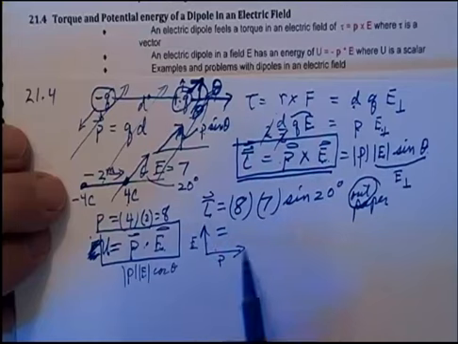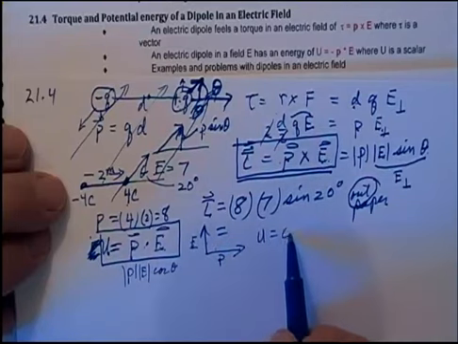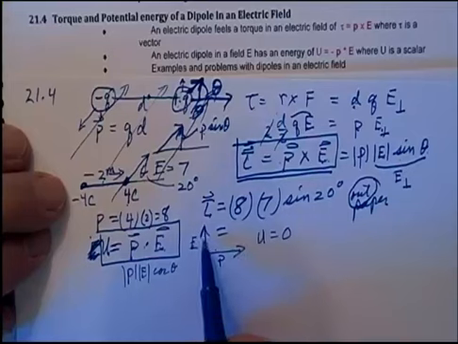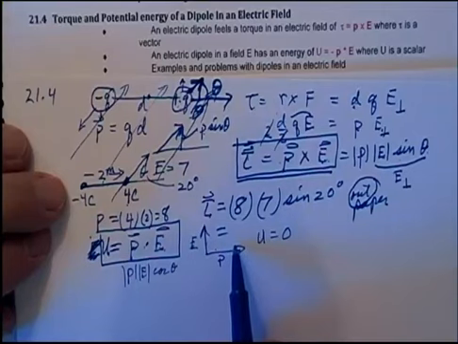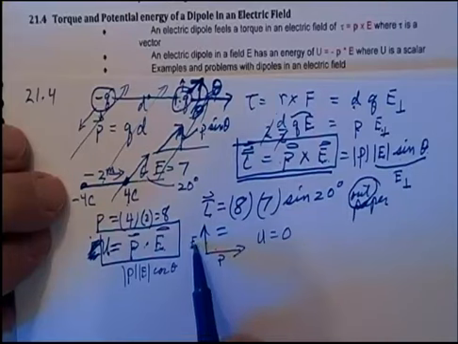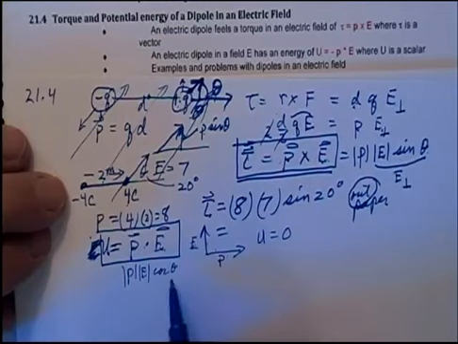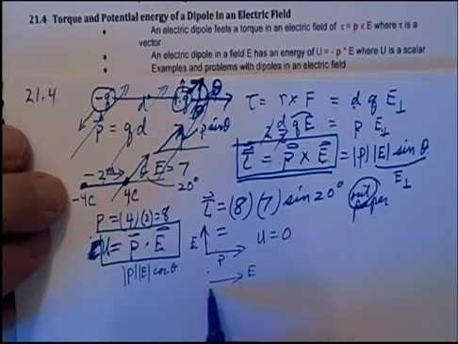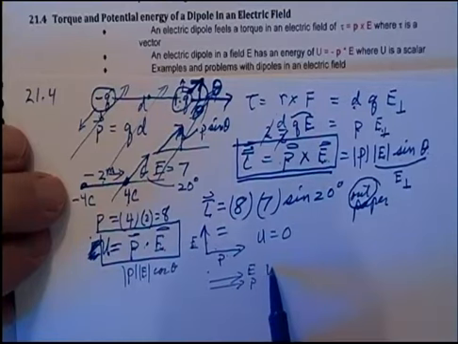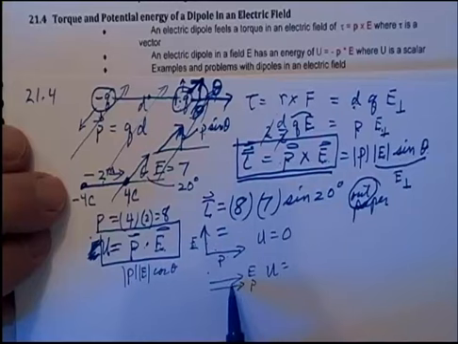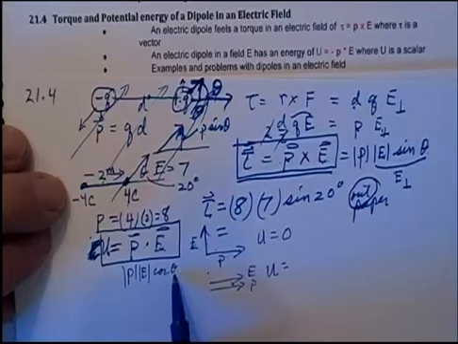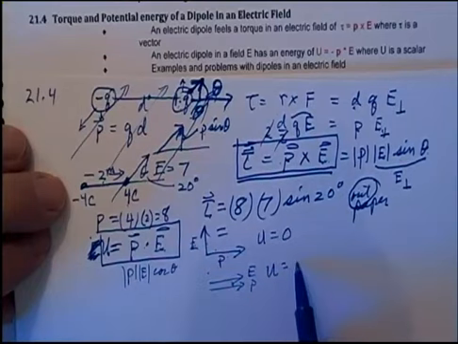So in this particular case, the energy U is equal to 0. And as this is bent more in this direction, it's greater, until finally you get E times P times the cosine of 0, and that would be 1. So in that case, where E is this way and P is this way, what's the angle between them? The angle between them is 0. The cosine of 0 is 1, so this energy is P times E.